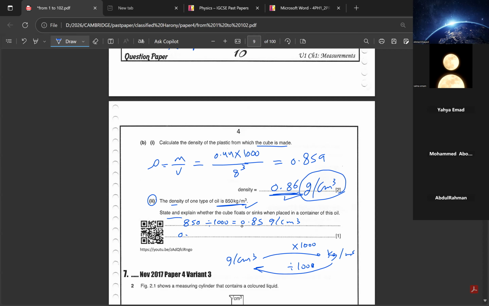So in your answer, you have to write like this: 0.85 is less than 0.86, so the cube will sink. Okay, do you understand, Abdurrahman? Yes. Muhammad, do you understand?